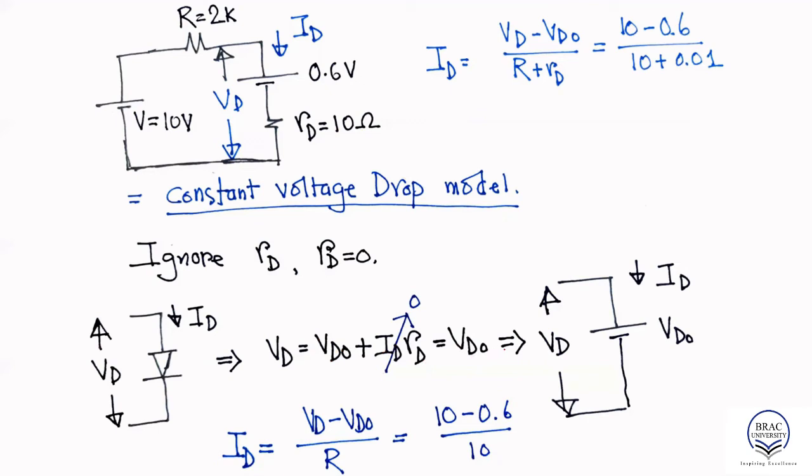So in that case, we can replace the diode simply with a DC voltage source. If we set this to 0, then the current becomes ID is equal to (VD minus VD naught) divided by R. This model is called the constant voltage drop model.